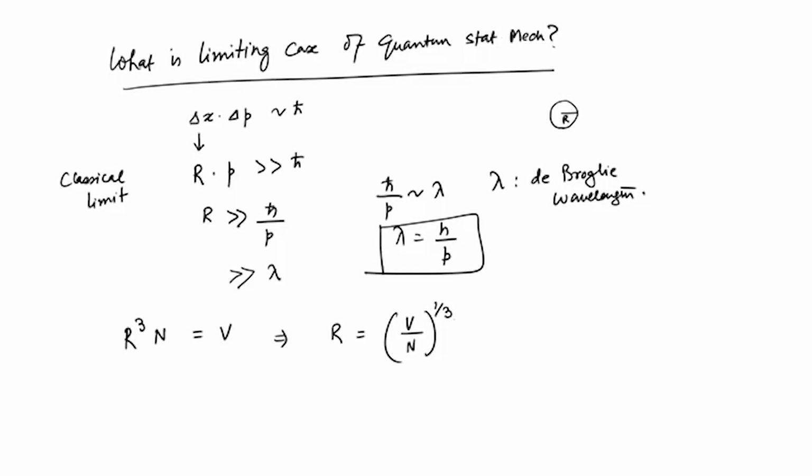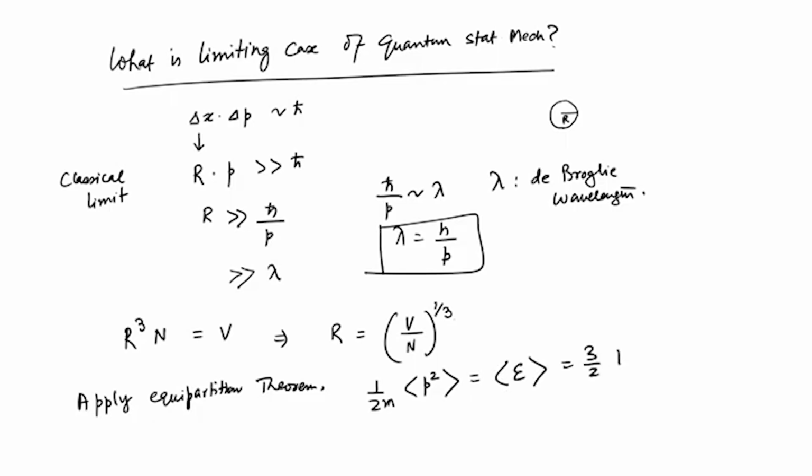So, there is a density to the power minus 1/3 that comes here, and when you apply the equipartition theorem, you have 1 over 2m p square equal to some E, which is equal to 3 by 2 kT, and that tells you that p is equal to root over 3 m kT.